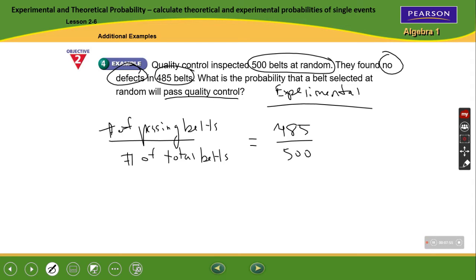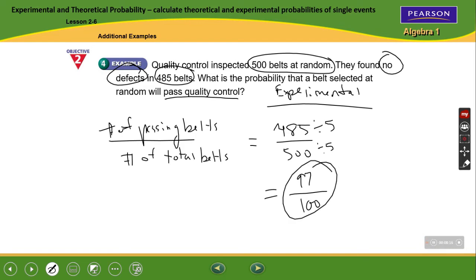So we could reduce this. We could reduce it by dividing by 5 on both top and bottom. And that is going to give us 97 over 100. So that is our experimental probability.